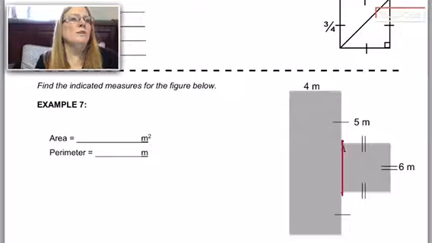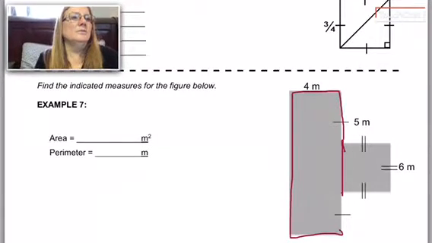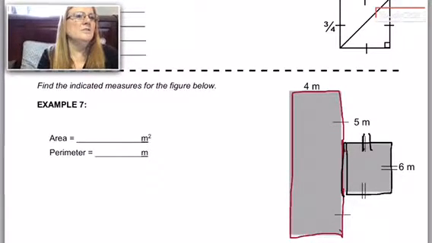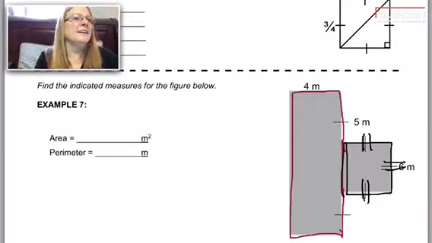And now we have one large rectangle. And it looks like, let me change colors, this is a square, because they show us that all of these are the same. They don't show us the 6 over here yet, but we're going to find that.